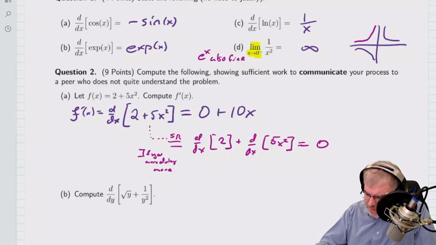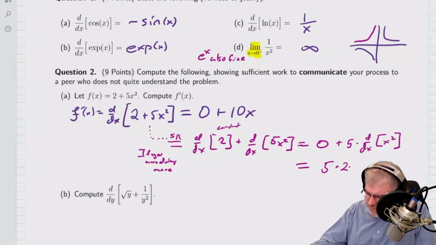Write those right here, constant. And then this one would be plus, and I'd pull out the 5 times d over dx of x squared, which equals 5 times 2x to the first, equals 10x.